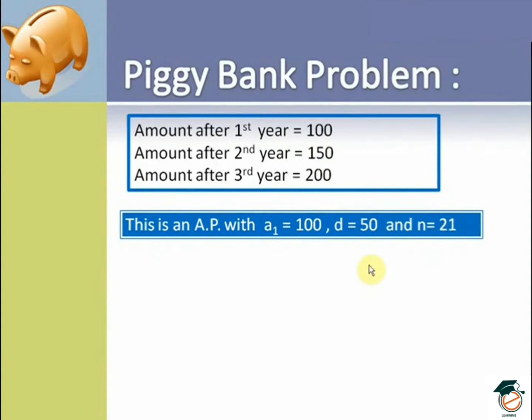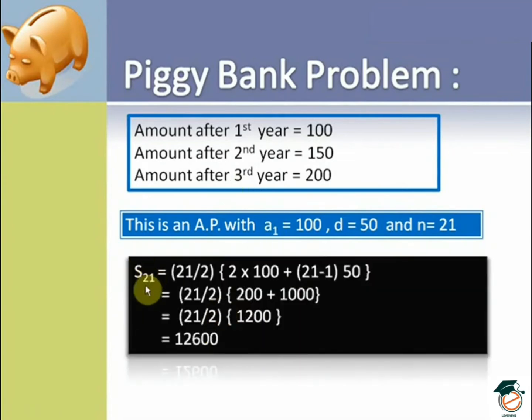Now simply what we are going to do is apply the same formula for finding the sum of n terms of the AP and get the result. So S of 21, that is the sum for 21 terms, would be equal to 21 by 2 into (2 into 100 plus (21 minus 1) into 50), because the formula is n by 2 into (2a plus (n minus 1) into d).